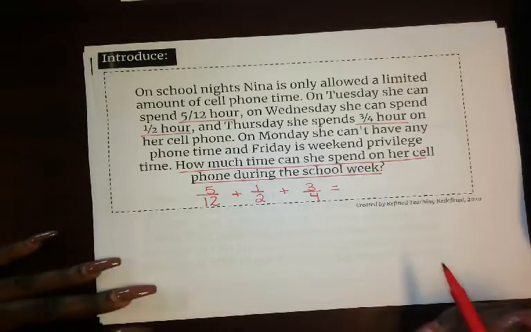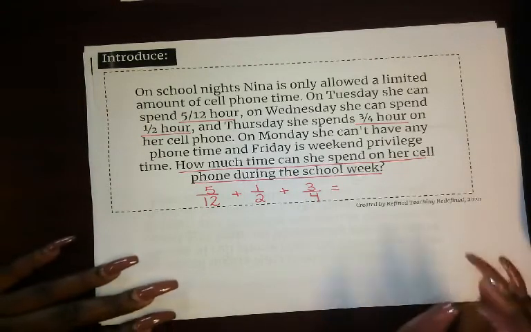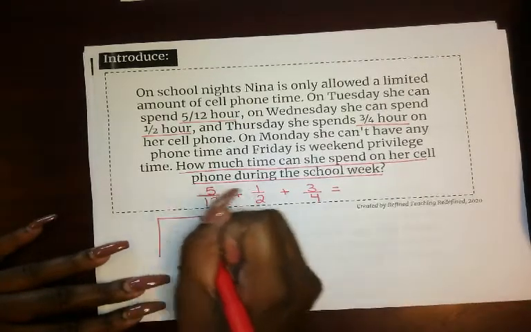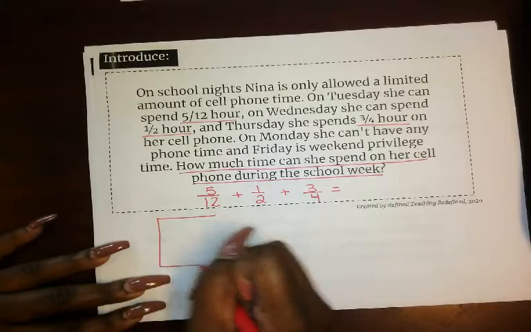So like always, even though this is a 3 addend problem, I'm going to draw my models for each fraction.